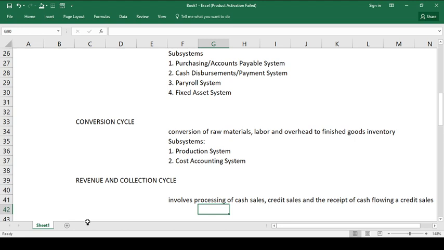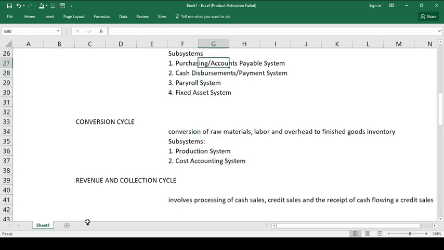For example, before recognizing receivables, or before reducing a receivable, what documents are needed so that we can say that this receivable should now be reduced? That is what we should know in the revenue and collection cycle, and these three cycles will be discussed thoroughly on the next chapters of this subject.